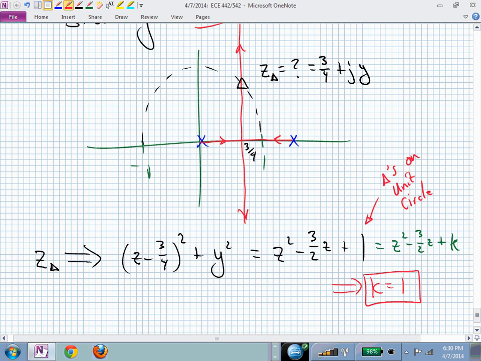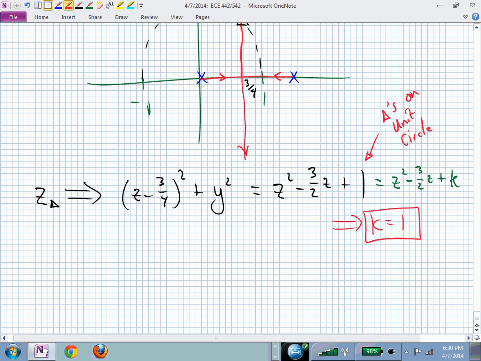What's the delta value? Well, we can multiply this one piece out.